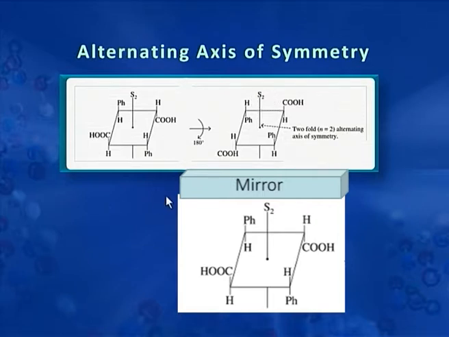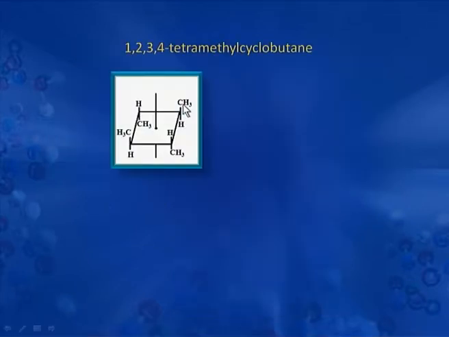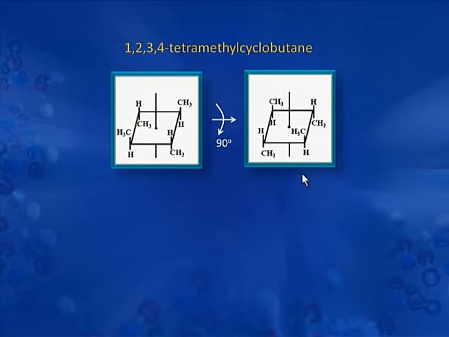Let us take another example. This is 1, 2, 3, 4 tetramethyl cyclobutane, but that particular isomer which has these methyl groups alternately above and below the plane. Now, here we may try the situation by rotation across 90 degrees. So, we rotate it by 90 degrees and we get this situation.